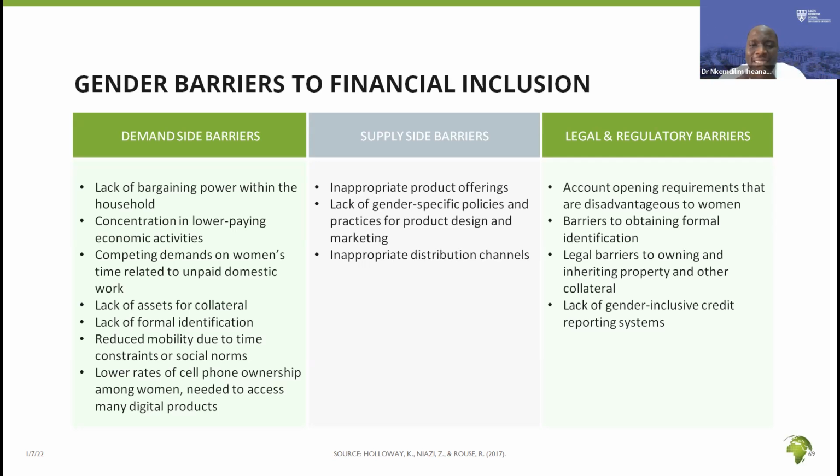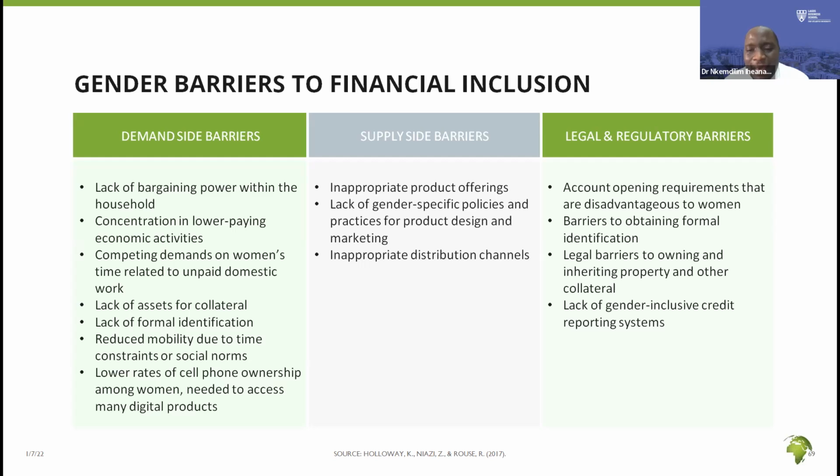So lack of formal identification. They typically, in many markets, especially in sub-Saharan Africa, do not have IDs. So this lack of IDs makes it difficult for financial service providers to deal with them or to extend credit or even savings to them. Now, they also have significantly lower rates of cell phone ownership.